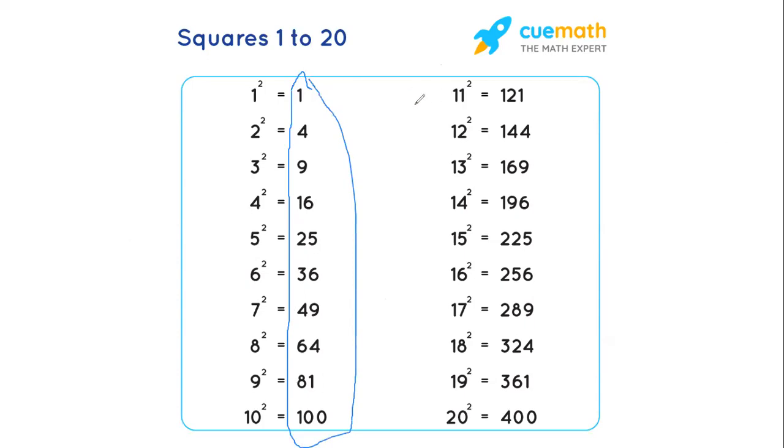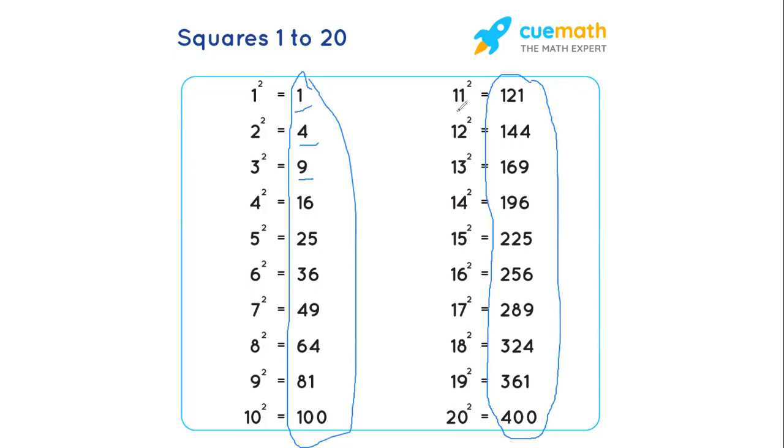For you to know, a perfect square is what you get by squaring a number. 1 squared is 1, so 1 is a perfect square. 2 squared is 4, so that is also a perfect square. 3 squared is 9, also a perfect square. These are from 1 to 10. From 11 to 20, we have these numbers, and these are also perfect squares.